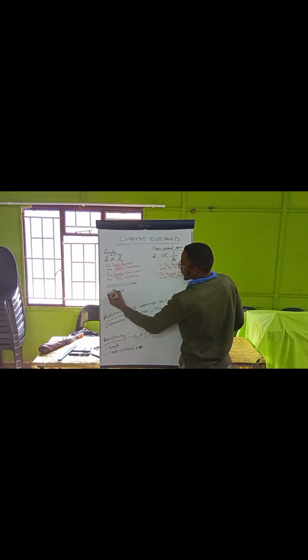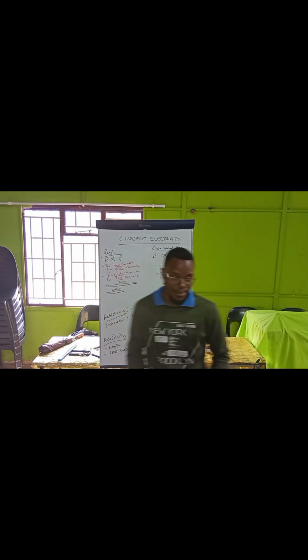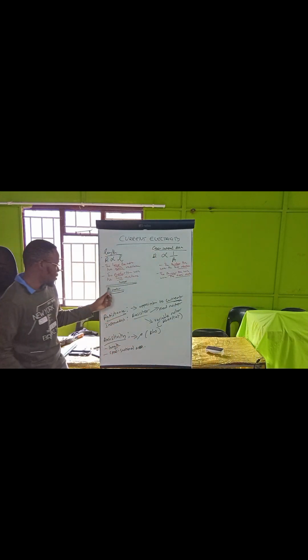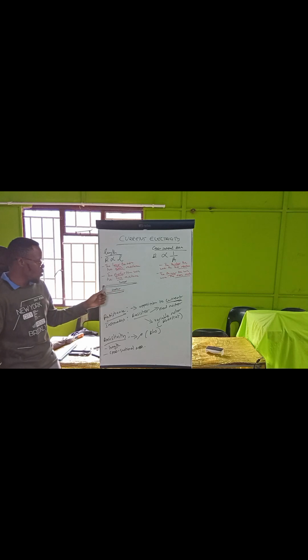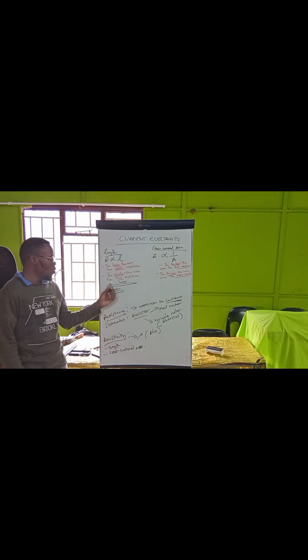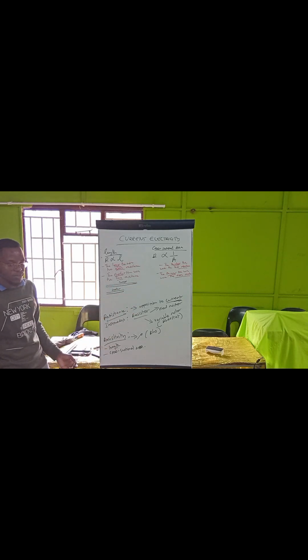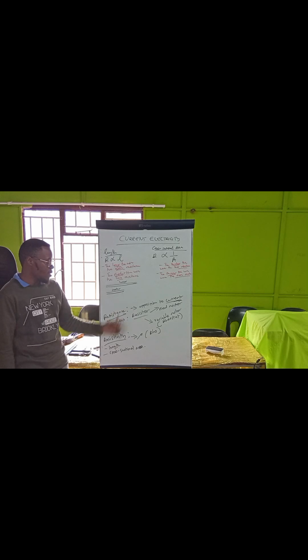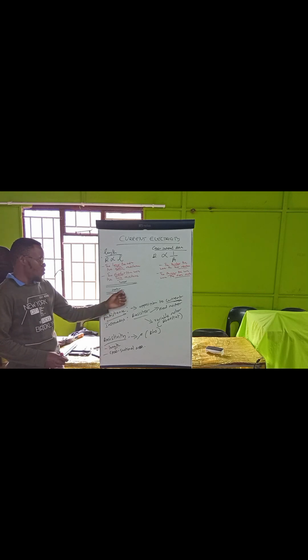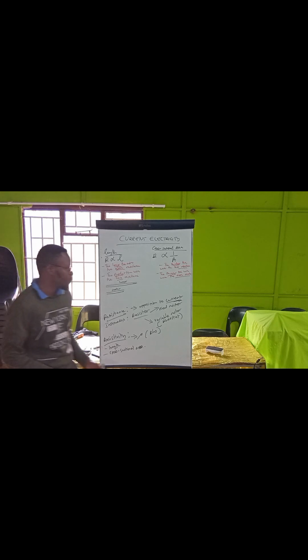So this one is shorter, this one is longer, and they both have the same thickness. So you notice, like I was saying, if it is longer, there are a lot of collisions here, causing a lot of resistance. But here they are shorter, there are a few charges, and therefore there is less resistance.